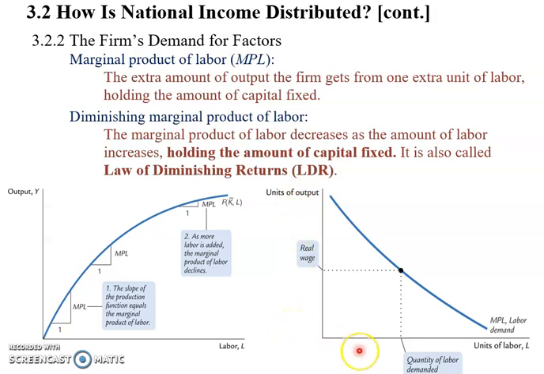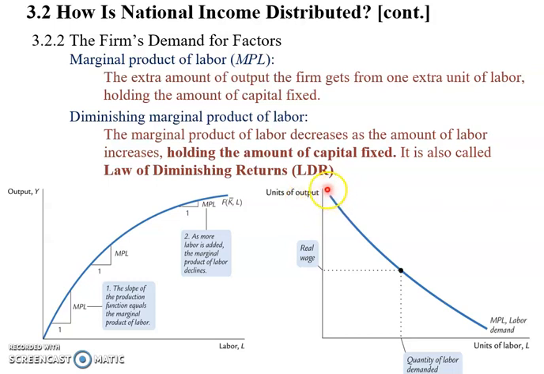Even for MPL, if you go back and look at the definition, it's the extra amount of output the firm gets when adding one more unit of labor. So the MPL is expressed in units of output. That's why this vertical axis is still output.